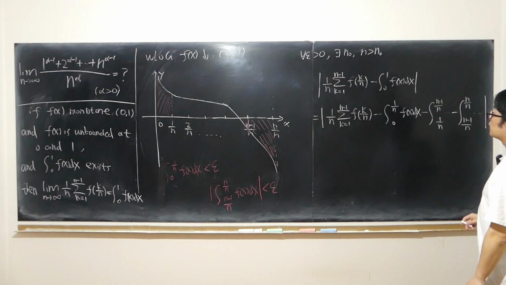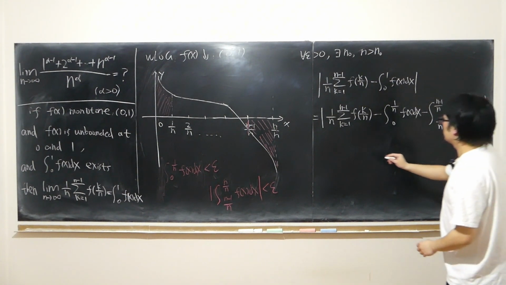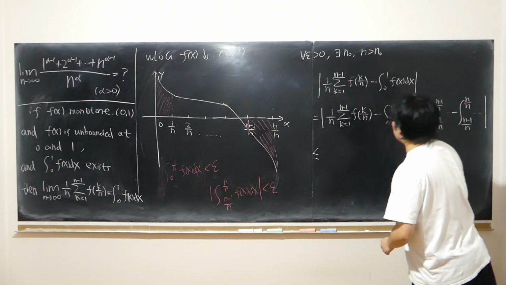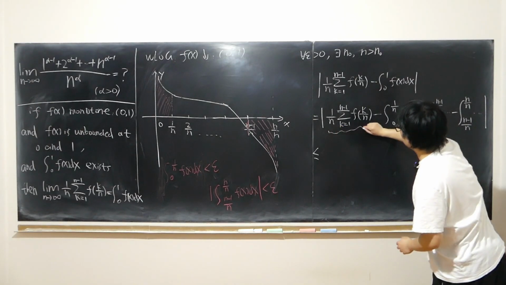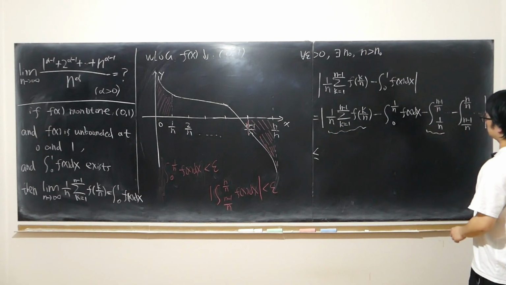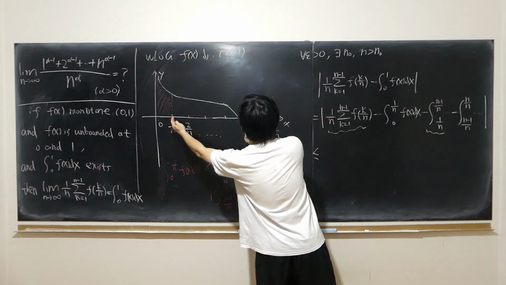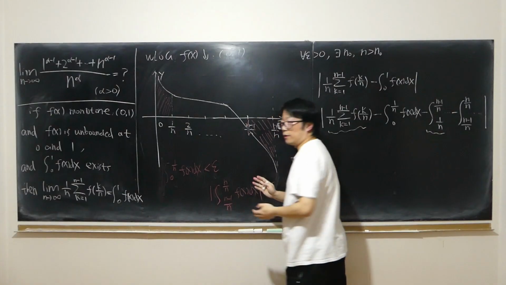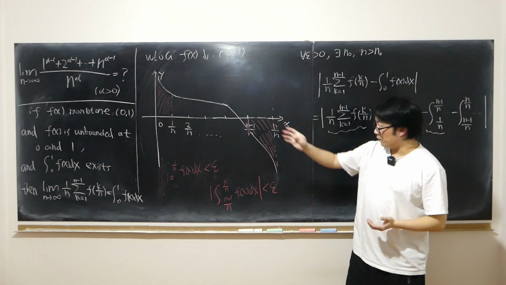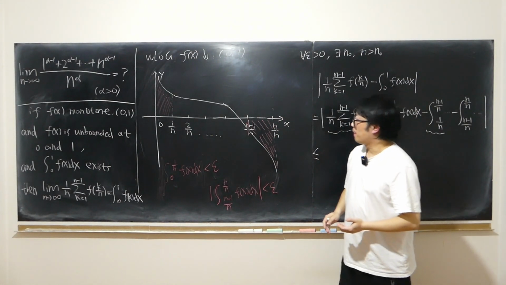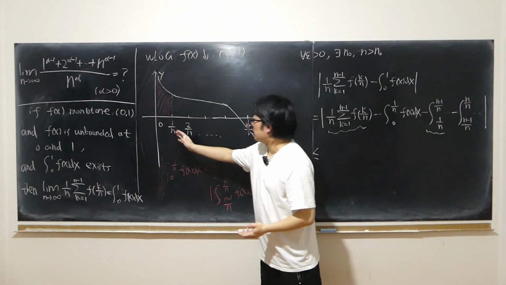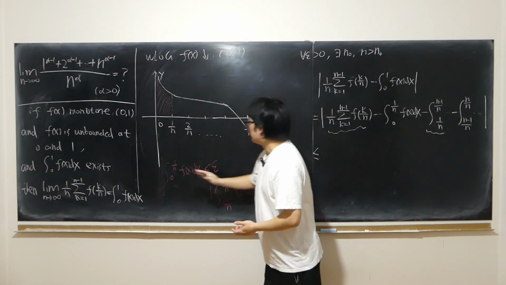Once I have this, I can simply say less than or equal to, I'll combine this and this. This part means this integral. And we can integrate this because f is monotone. It's only unbounded near the neighborhood of 0 and 1.